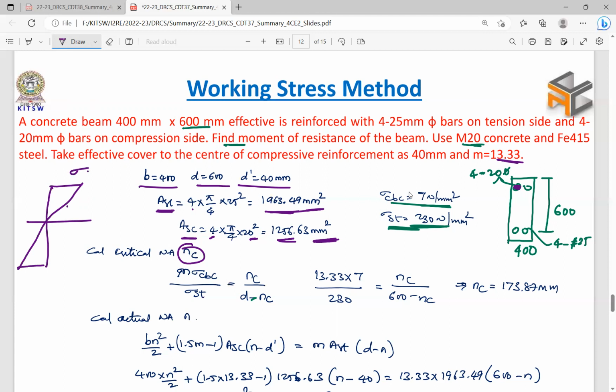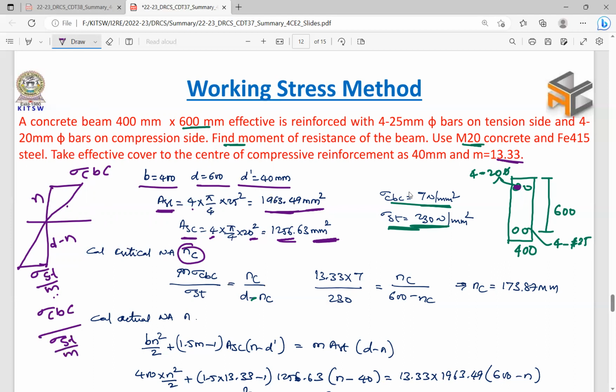This is your sigma CBC, and the equivalent stress in concrete corresponding to steel will be sigma ST by m. Now from similar triangles, if it is N, this will be d minus N. From the similar triangles you can write sigma CBC by N equals sigma ST by m divided by d minus N.